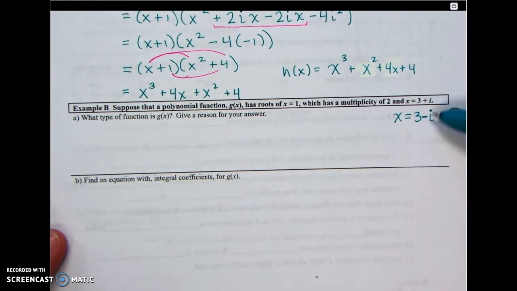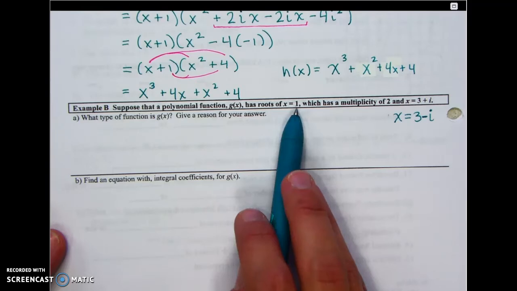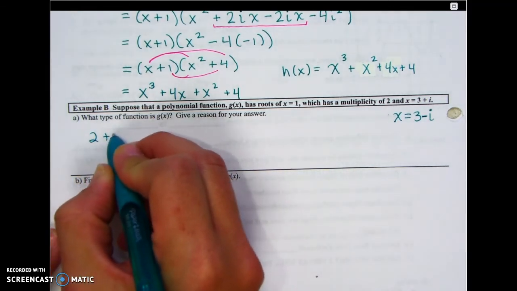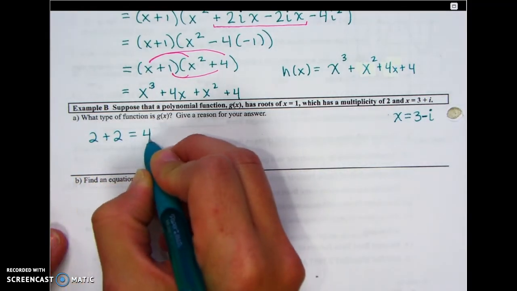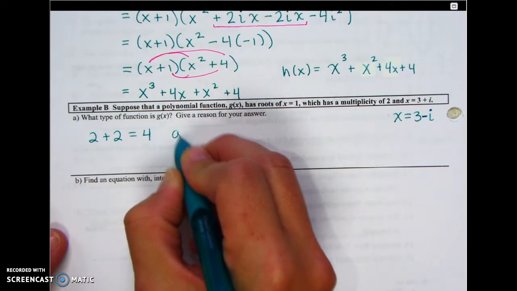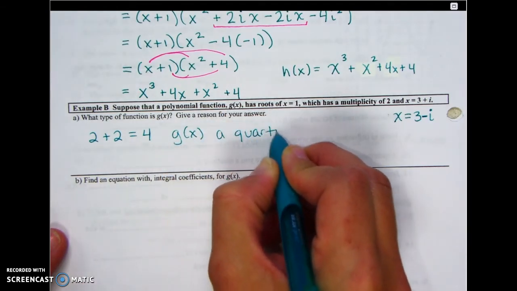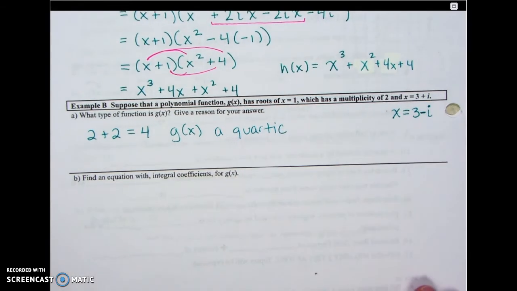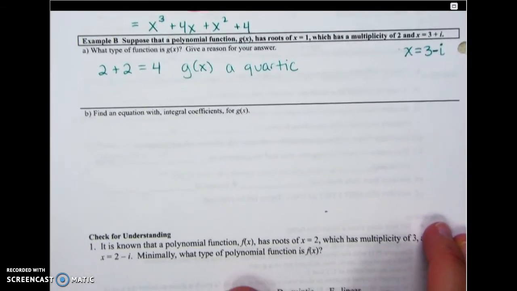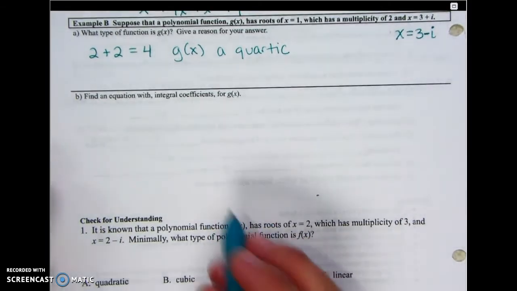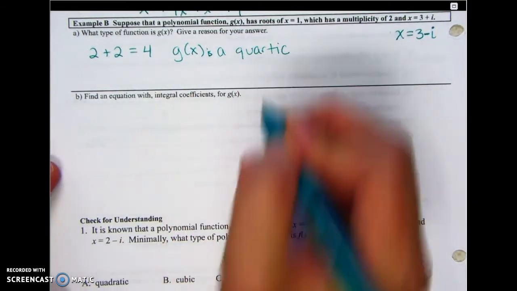Okay, so how many imaginary roots do we have? 2, and then this one has a multiplicity of 2. So 2 plus 2 equals 4. So g must be a quartic. Okay, g is a quartic.